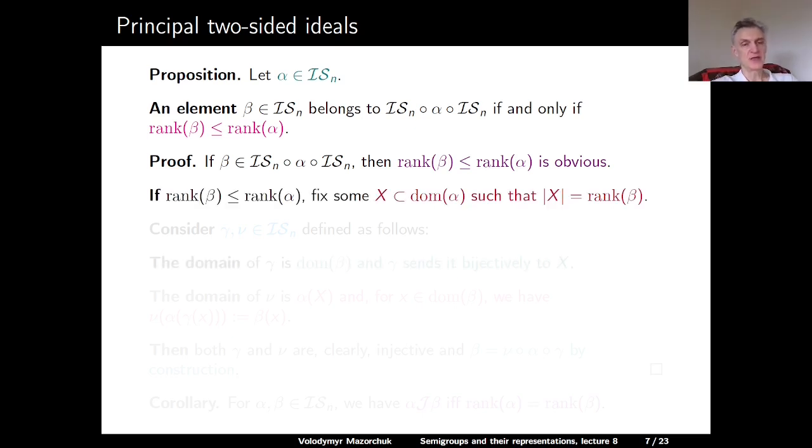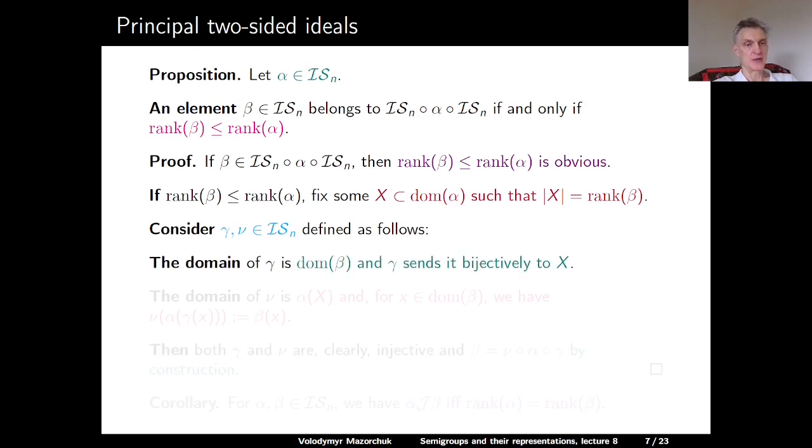Conversely, if the rank of beta is less than or equal to the rank of alpha, let us fix some x, a subset of the domain of alpha, such that the cardinality of x equals the rank of beta. Now consider the elements gamma and nu in the symmetric inverse semigroup, which are defined as follows. The domain of gamma is the domain of beta, and gamma sends this domain bijectively to x. This is possible due to our choice of x.